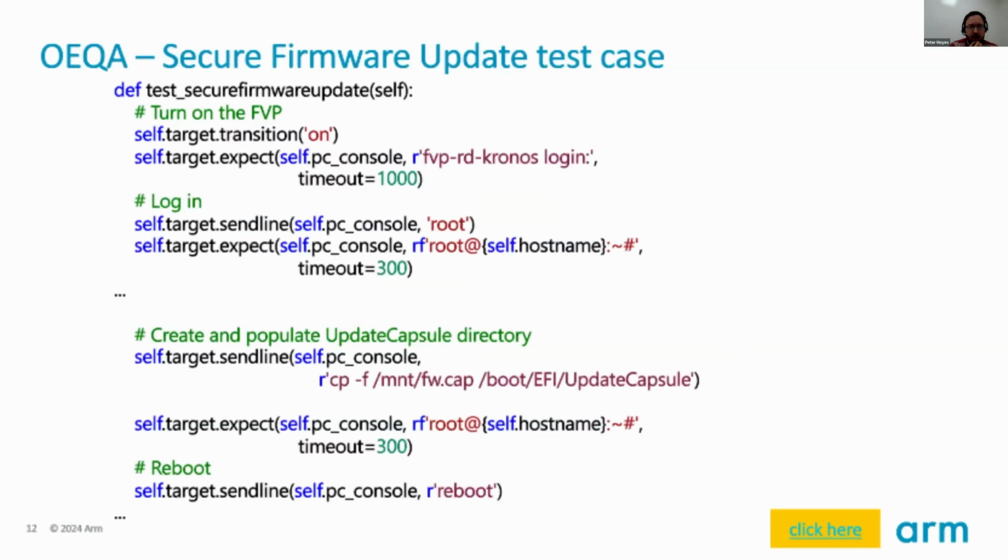This is an example test case which validates the secure firmware use case. So the key features here are these test methods on the target, which are implemented in meta-arm on the custom test class.